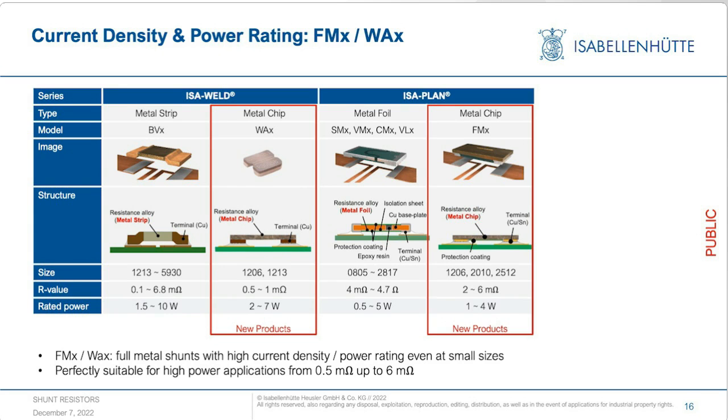This again is due to the construction of this component, which is made out of a full metal. So the footprint on the PCB is very limited. These two series are perfectly suitable for high power applications from 0.5 milliohms up to 6 milliohms.